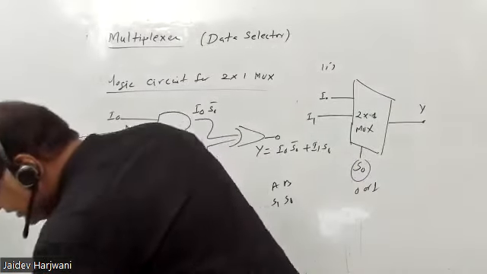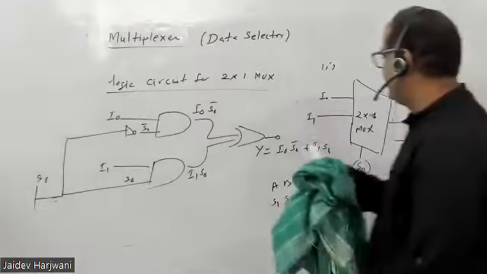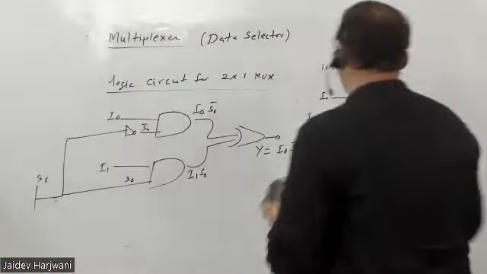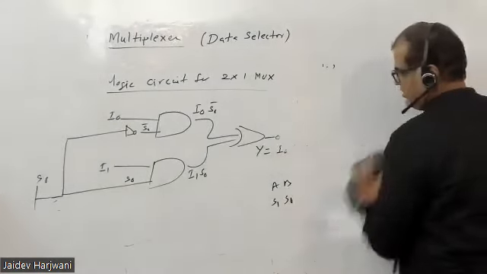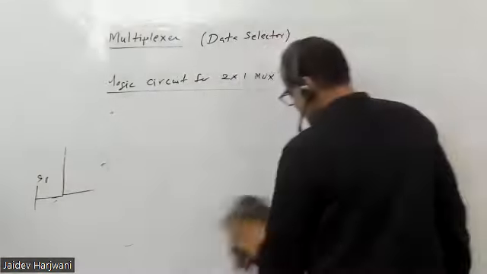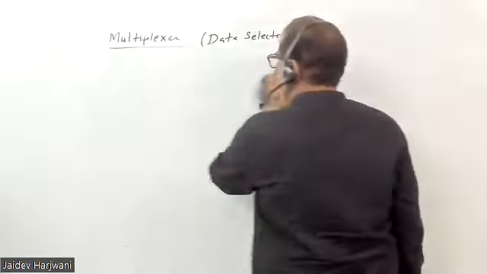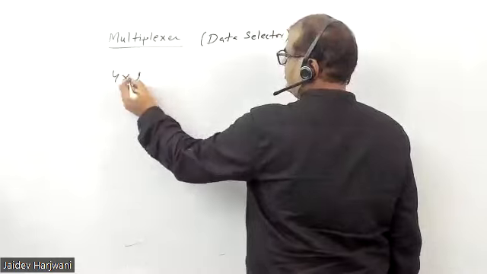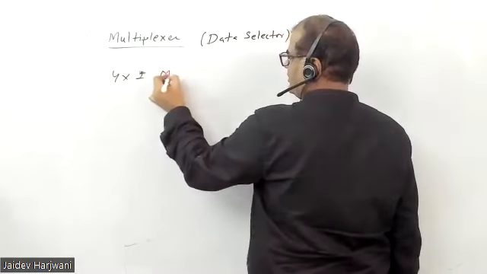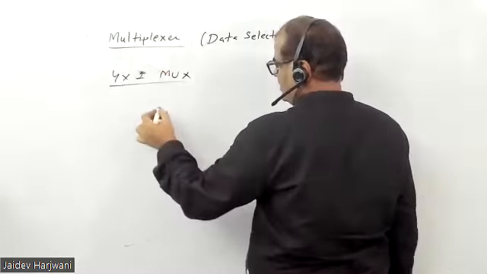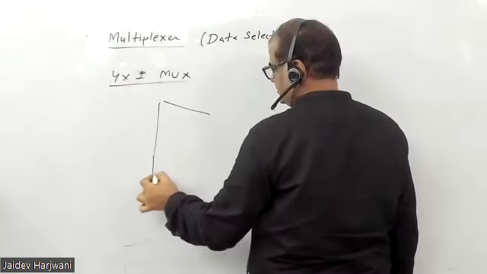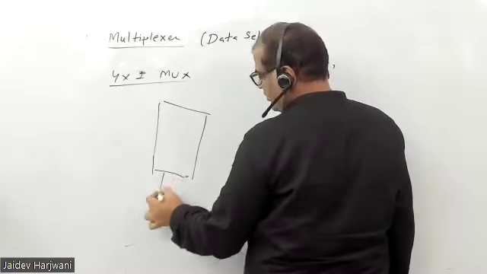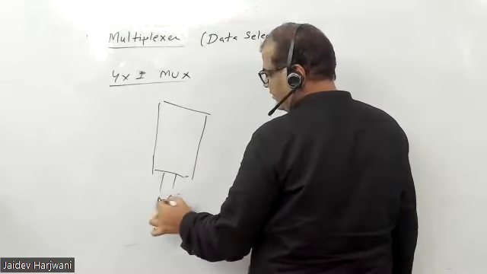Now similarly, say you want to make a 4 into 1 multiplexer. Okay. So a 4 into 1 multiplexer means now you have 2 select lines, say A and B. Okay.